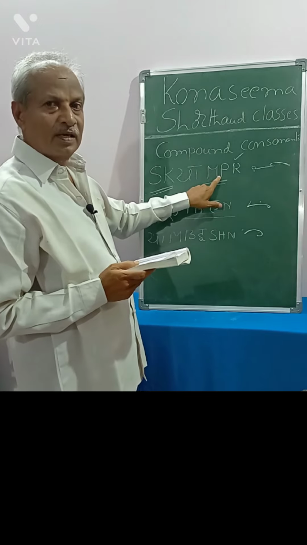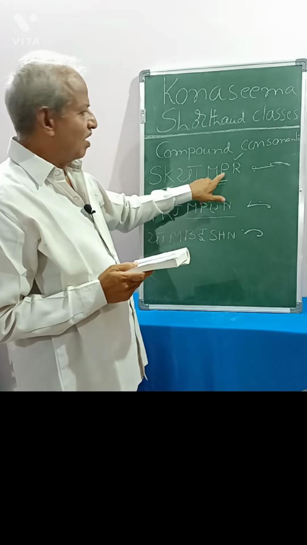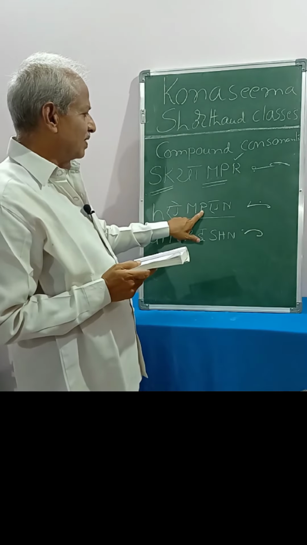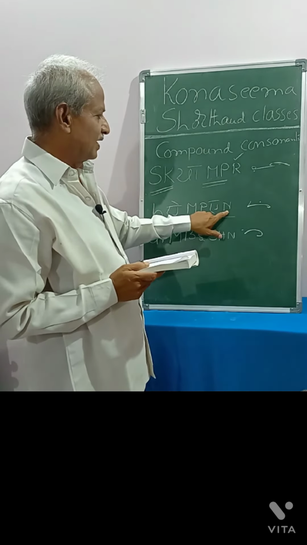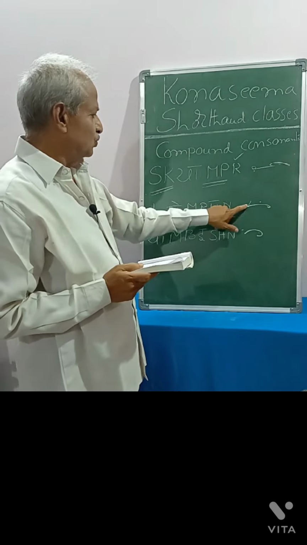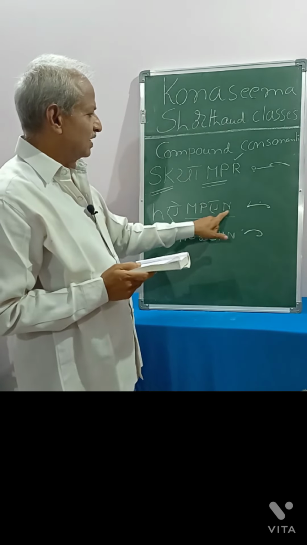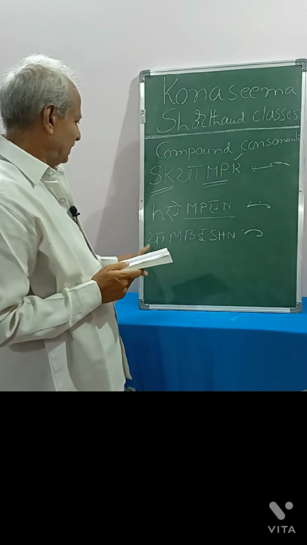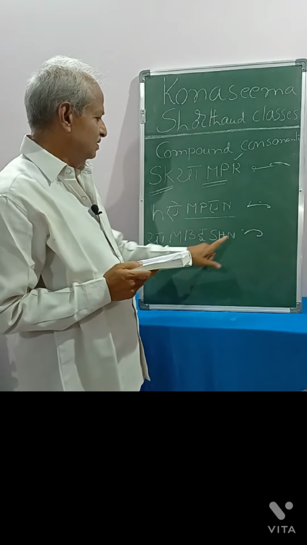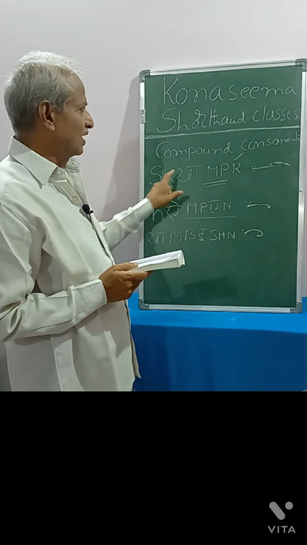MP can be added with R hook, initial hook. Like that, MP can be added with final hook N or shun, like this. You see, hempen: H, tick H, imp, N hook, hempen. Ambition: imp, shun hook, ambition, like this.